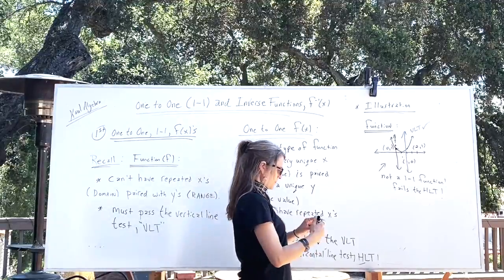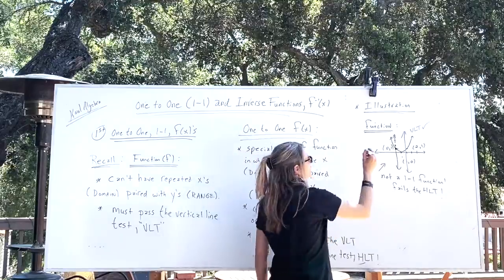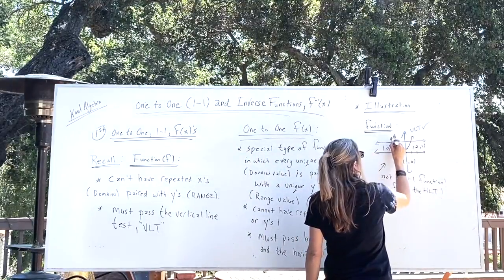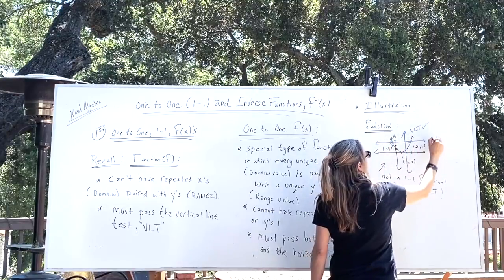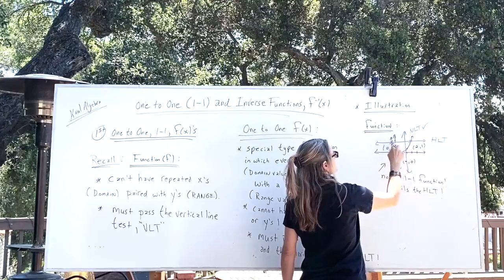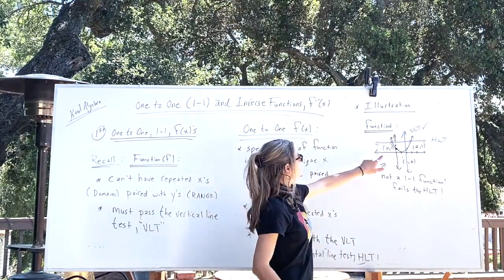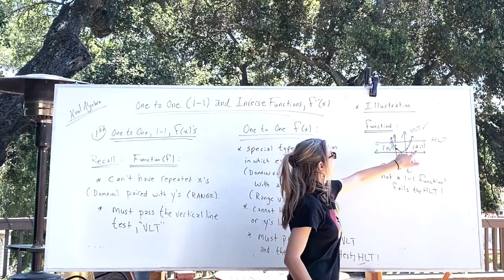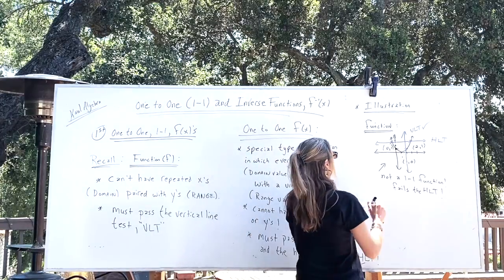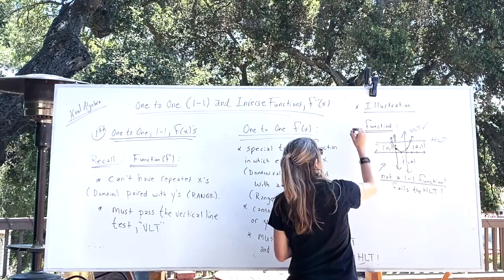So if we go across in the same sense of doing a vertical line, but we do a horizontal line, you see that it crosses in more than one spot. Here's our horizontal line test, and we see it cross in this spot and this spot. Or in other words, you could look at the points and say you have repeated y's right here. So this is a function that's not a one-to-one function. Okay, there's one example.